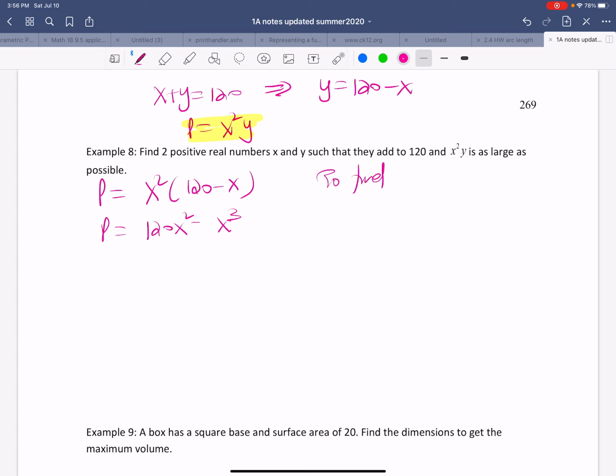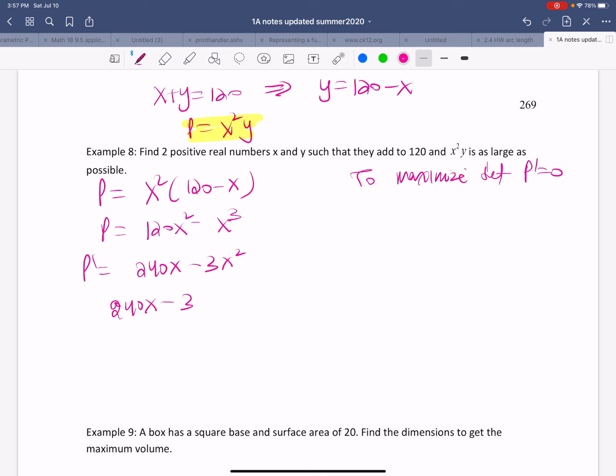To maximize, we will set the derivative p prime equal to 0. So p prime would be 120 times 2, which is 240x, minus 3x squared. 240x minus 3x squared is equal to 0.